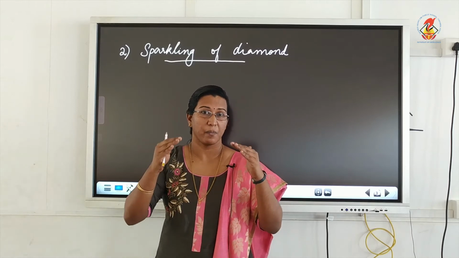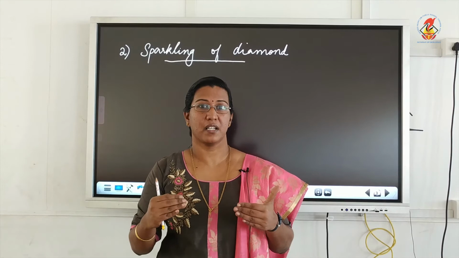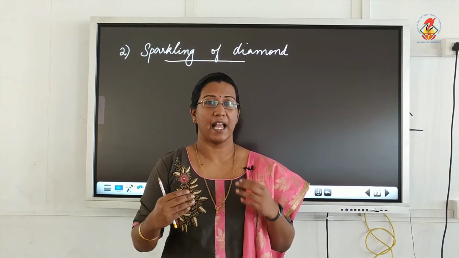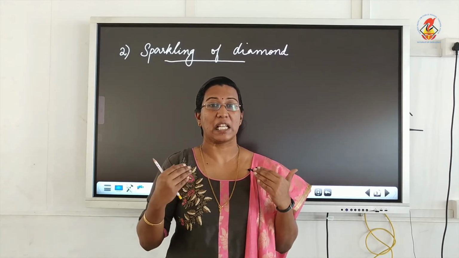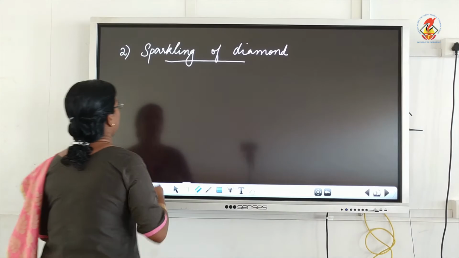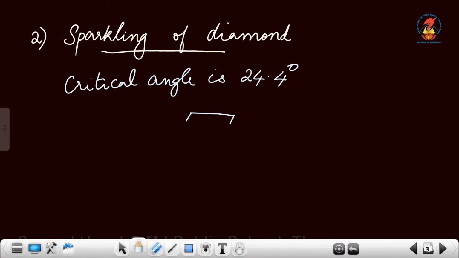The diamond will have many faces, and when the light enters the diamond, the light ray will get trapped inside, and multiple total internal reflections will take place, because for a diamond the critical angle is 24.4 degree.